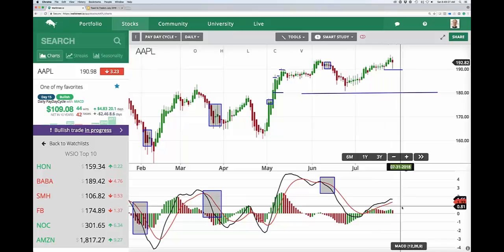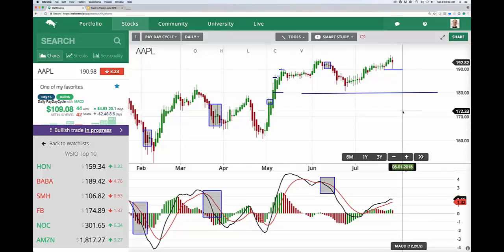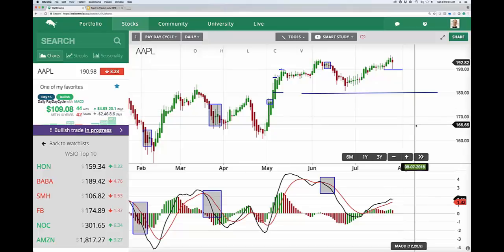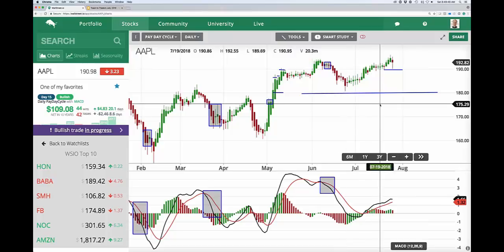If the MACD is crossing to the bears and we get a bullish payday cycle starting, we won't have that great a probability with it. A lot of people overtrade because they feel like they always have to be trading. In this case, it's better to wait and be patient for the high probability setup using the methodology I just showed you, because it's been working for me for 10 years.